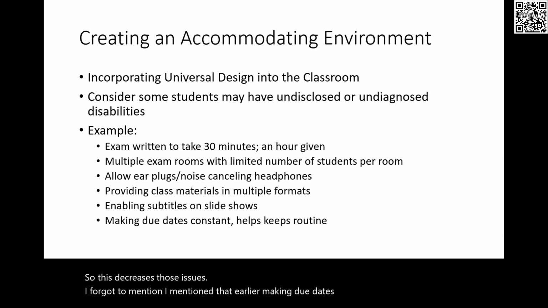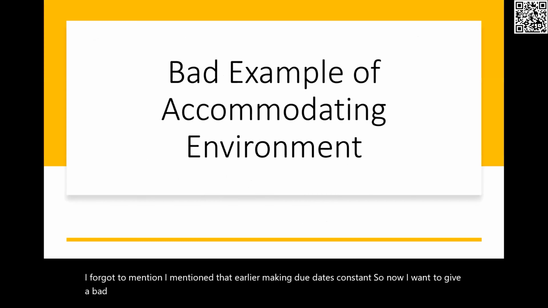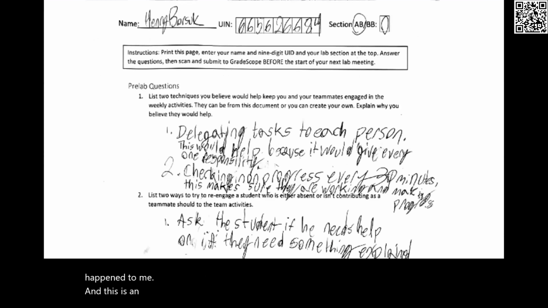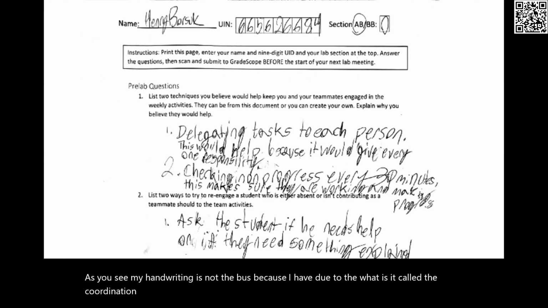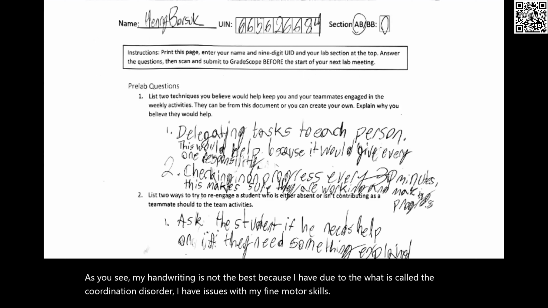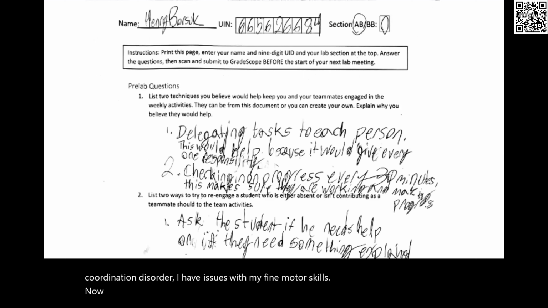Now I want to give a bad example of an accommodating environment and something that actually happened to me. This is an actual assignment I submitted. As you see, my handwriting is not the best because, due to the coordination disorder, I have issues with my fine motor skills. If you notice, the instructions don't mention anything about handwriting.